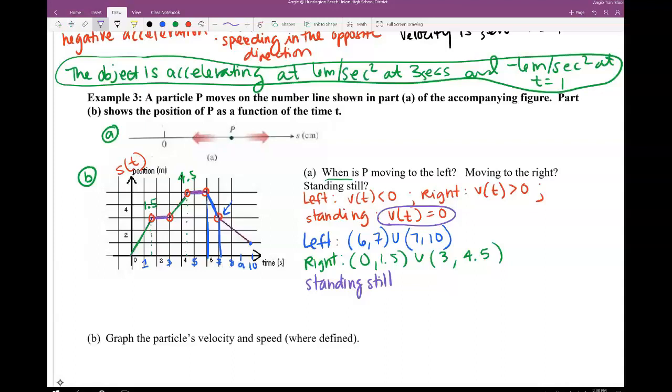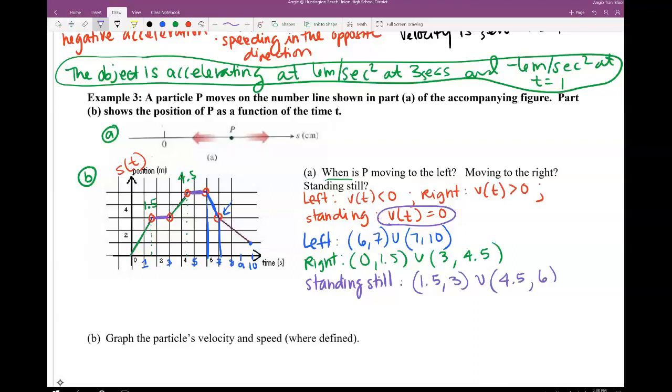Okay, so standing still, I have it at 2 places. It's going to be from 1.5 all the way to 3, union that with from 4.5 all the way to 6. Okay, so that's all of the spots that it's going to have a negative slope, positive slope, or when it is 0. Okay.